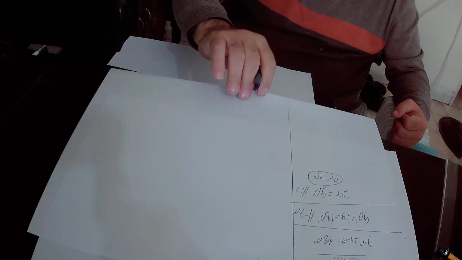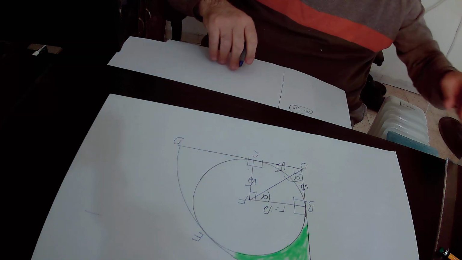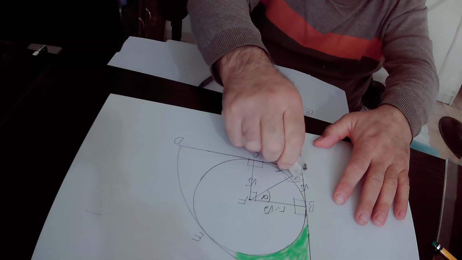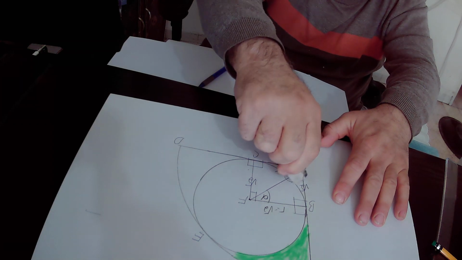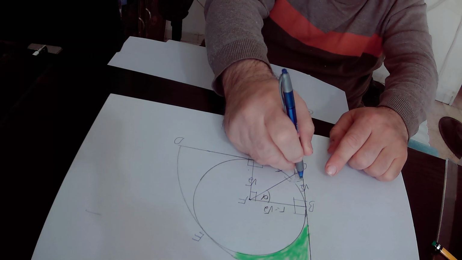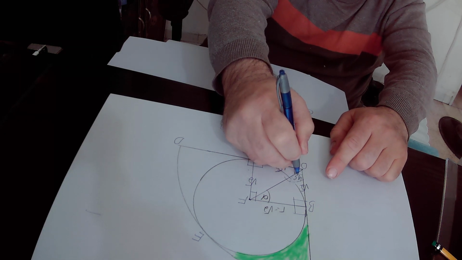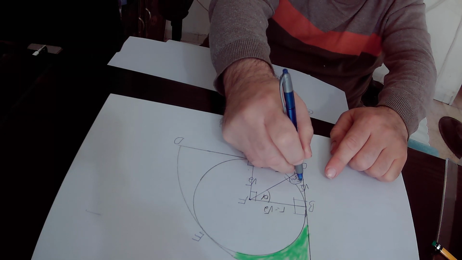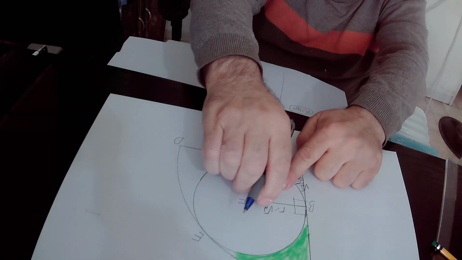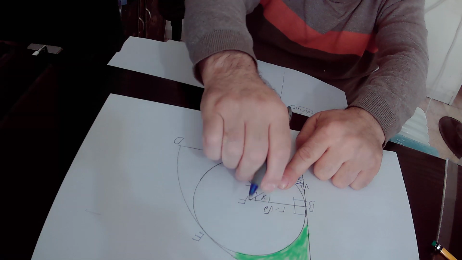Okay, so angle alpha equals 45 degrees in its size. This is angle alpha that is equal to 45 degrees, and this is also angle alpha, that equals 45 degrees in its size.